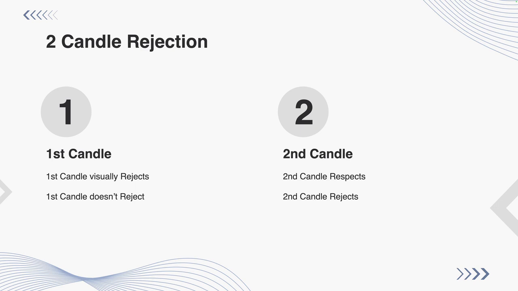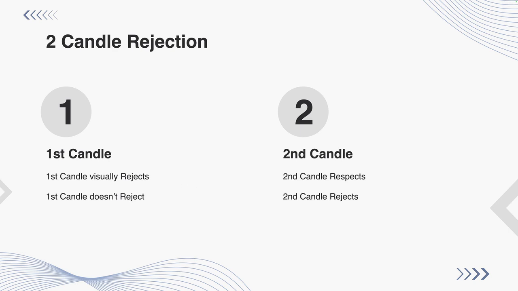We have the first candle. The first candle visually rejects, or the first candle doesn't reject. We have 2 options right there. So right here, if the first candle rejects, then the second candle respects. So if the first candle visually rejects, second candle respects whatever the first candle was doing.